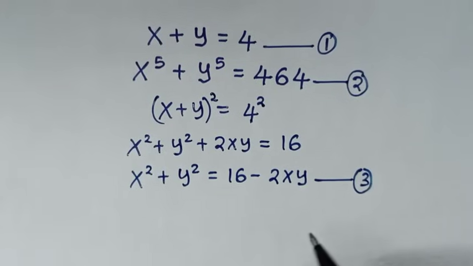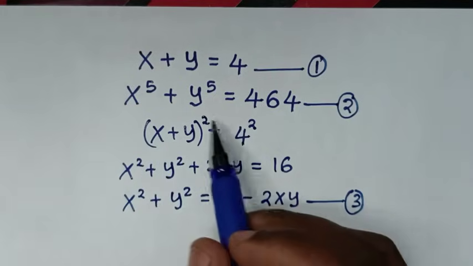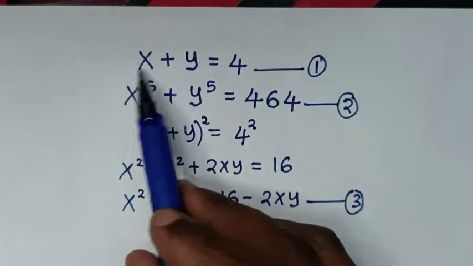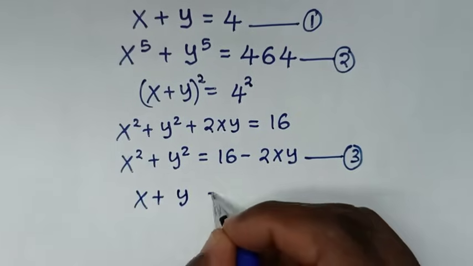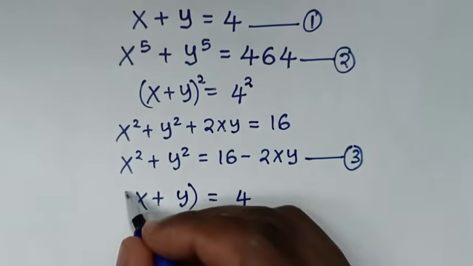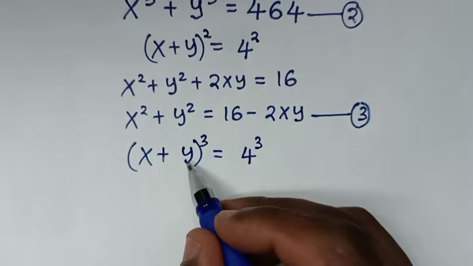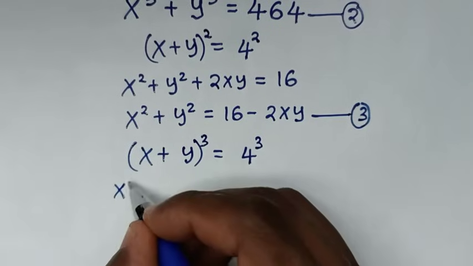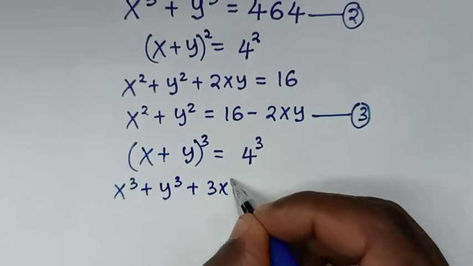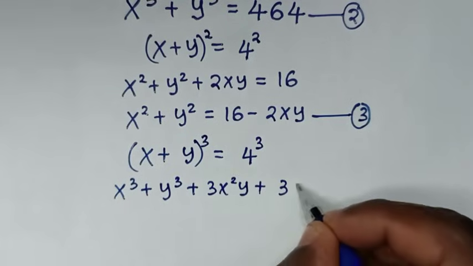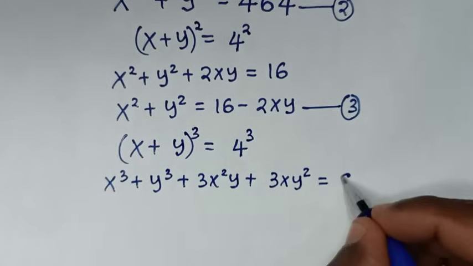Then in the next step, from this first equation, in the first step we squared both sides. In the second step, we'll raise both sides to the power of 3. So x + y = 4, then we power by 3 on both sides. To expand (x + y)^3, it is x^3 + y^3 + 3x^2y + 3xy^2 = 4^3, which is 64.